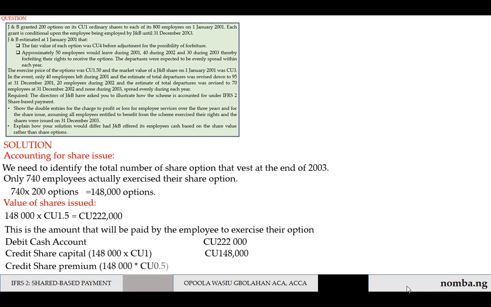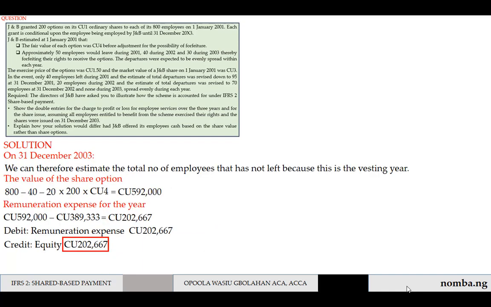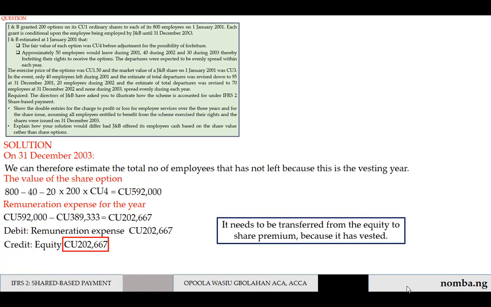And the share premium, 148,000 multiplied by 0.5, gives us 74,000. However, regarding the equity reserves, cumulatively to date we have credited a total of 592,000 to equity. Now, we need to transfer that from equity to the share premium account, because it has vested now.